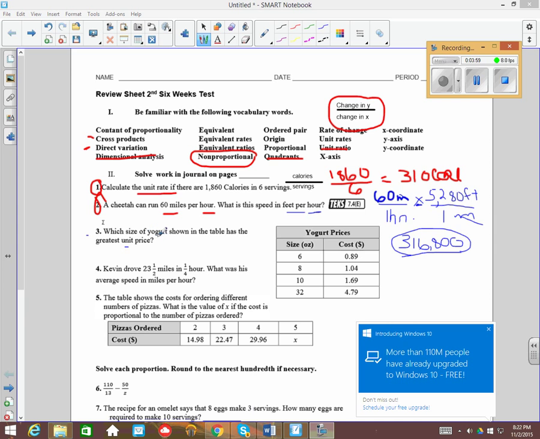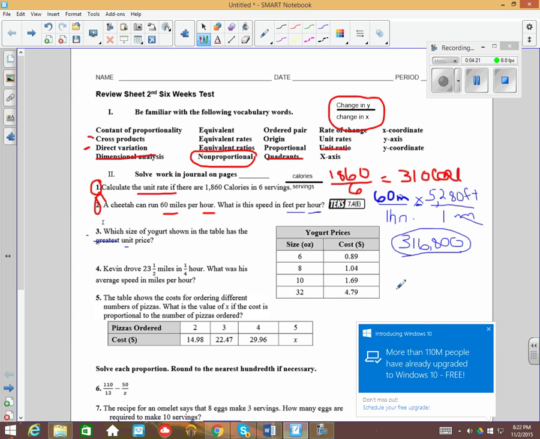Instead of which size of yogurt shown on the table has the greatest unit price, I'm going to say the table has the unit price. Just leave out greatest. The unit price, that means if you divide it out, it will come out even. It would just be a number over 1.